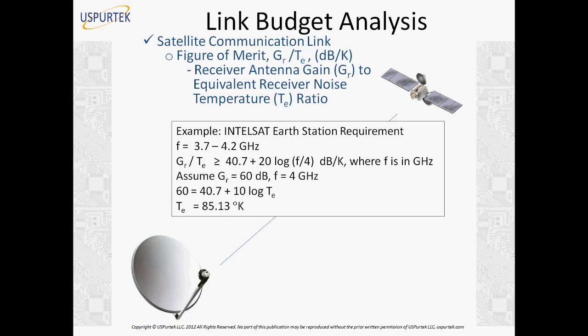For satellite communication links, our temperature has to be much lower, actually. In our earlier calculation for earth-based microwave towers, we were talking about a total receiver temperature. It was coming out to be like 1389 degrees K, and that was for the total receiver and the antenna. But just for the receiver here, it has to be 85.13 degrees K.